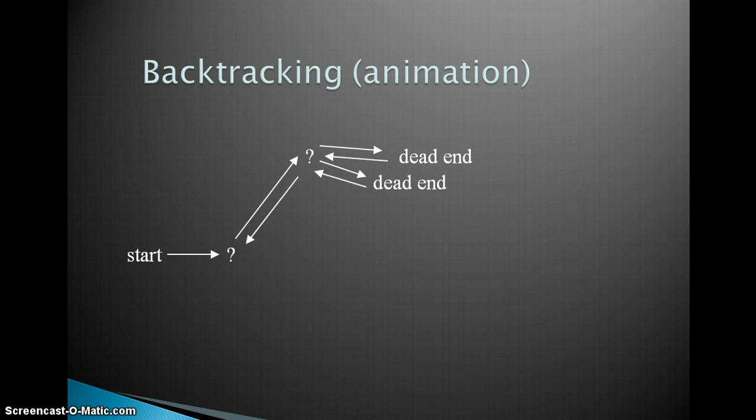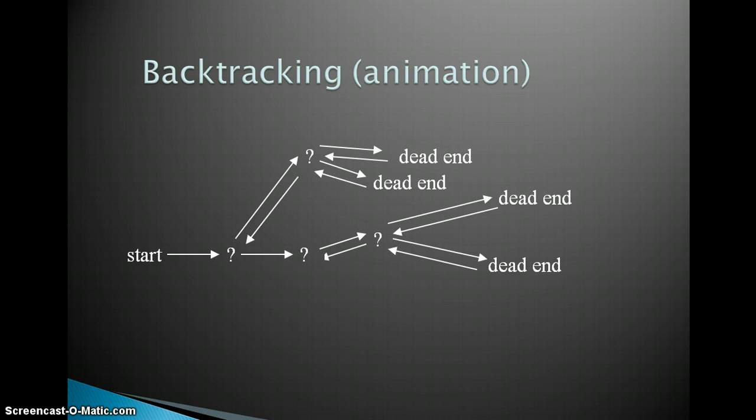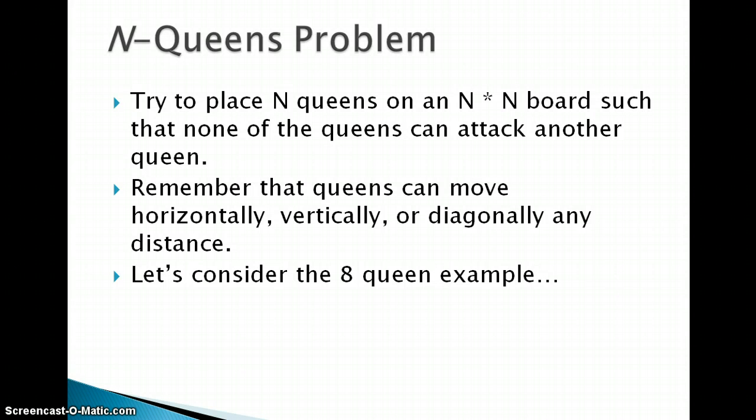Then we go back to the previous parent, and again we find one more dead end. Finally we get a success. That is the desired result. That is called backtracking.